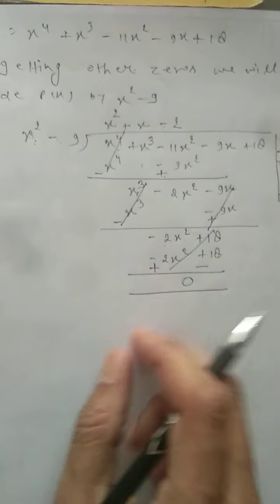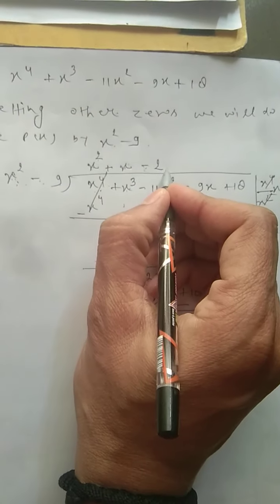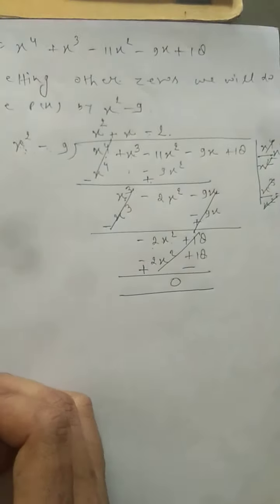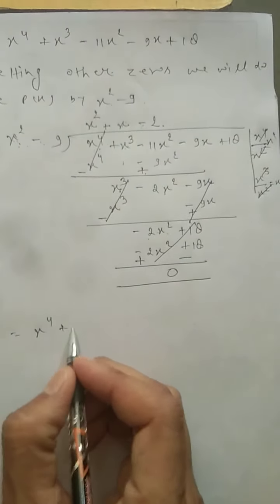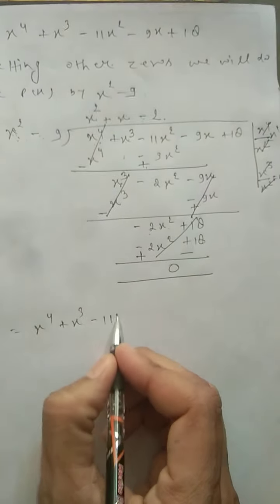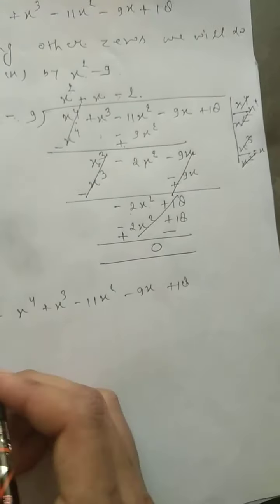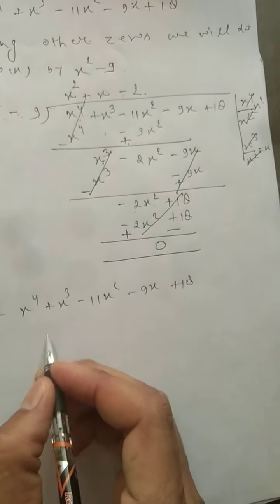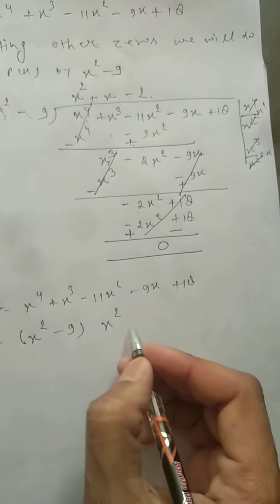After dividing, I got this quotient. So we can write p(x) = x power 4 plus x cube minus 11x square minus 9x plus 18 is equal to what? First factor is x square minus 9, and this is also a factor.